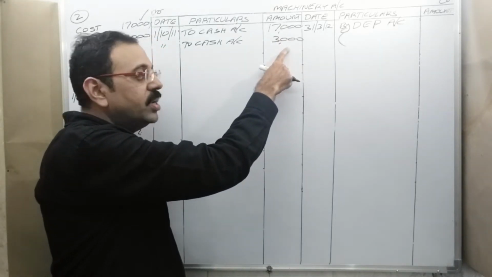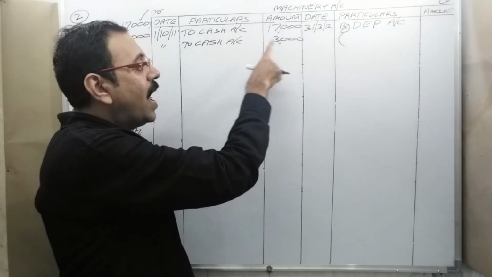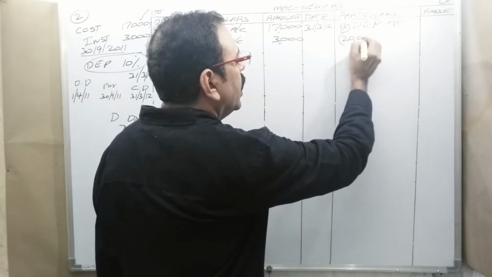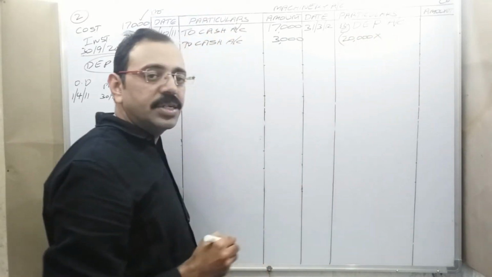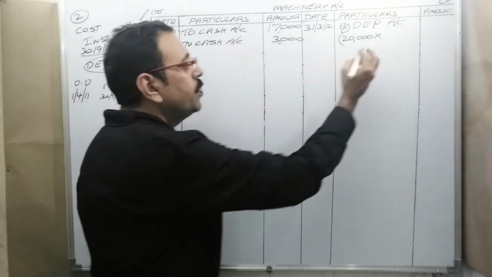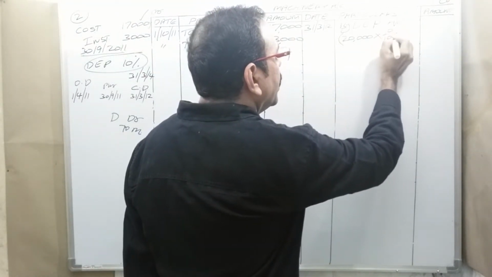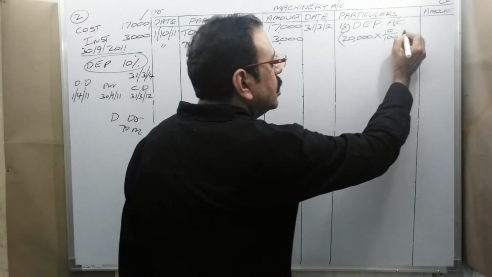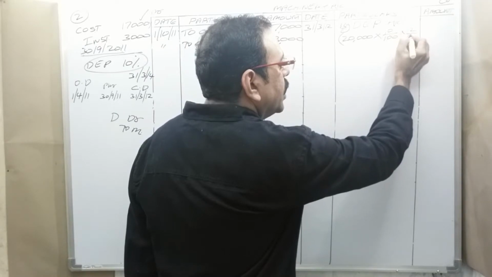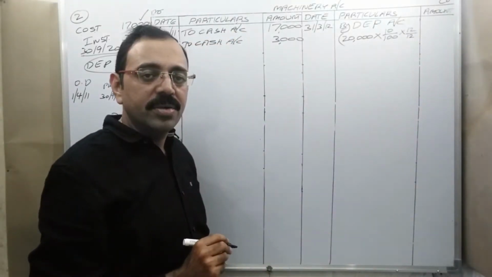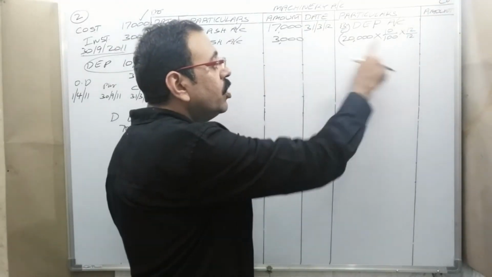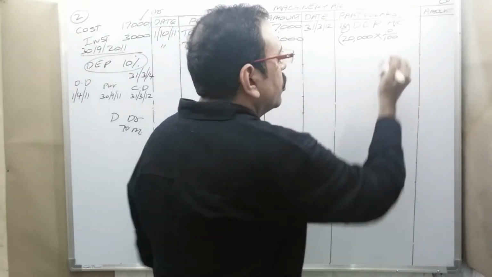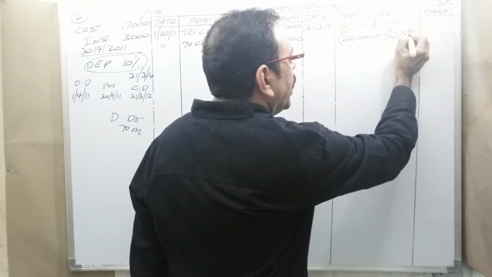So remember this point: when installation charges are given, add them to the purchase price, and the total amount we should take as the cost of the asset into 10%, no? 10 by 100. If you leave it like this, it gives the meaning that we are calculating for 1 year, 12 by 12, but we use that asset only for 6 months. Therefore, what should we do? We should write 6 by 12.